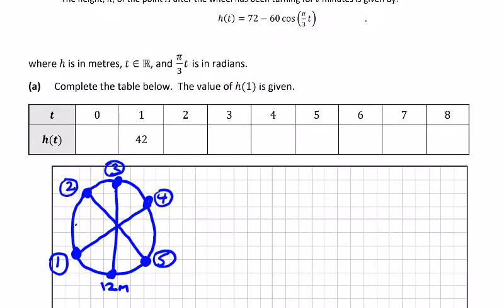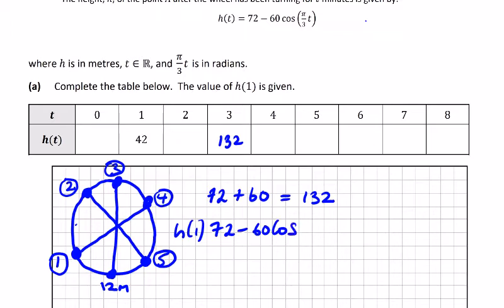So do we have any information here? Let's have a look. The max value of this function is going to be 132. We have that for 3 minutes: 72 plus 60 is 132. We just need to get 1 and 2. They mirror with 4 and 5. So h of 1 is 72 minus 60 cos of pi over 3.